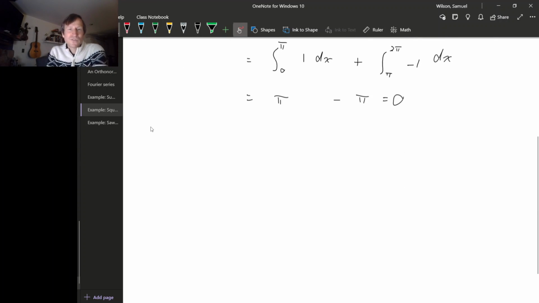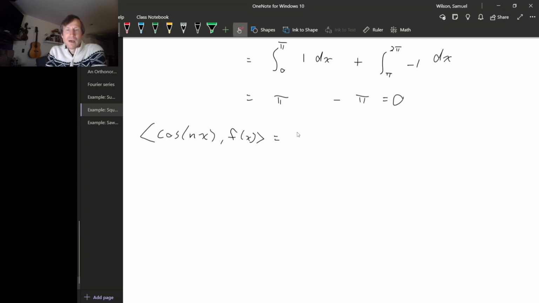Now let's find the inner product of this function with one of our cosine waves. This isn't always possible, but for this particular function, we can actually do all of them at once by just having the multiple n in here. So cosine nx, inner product with our function.